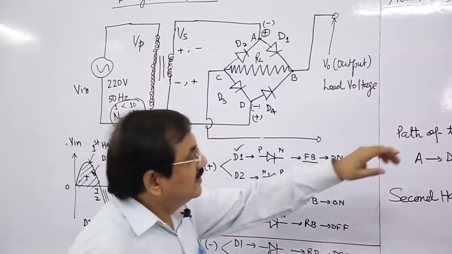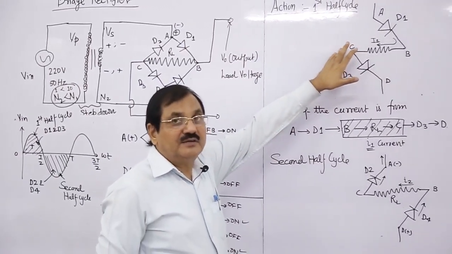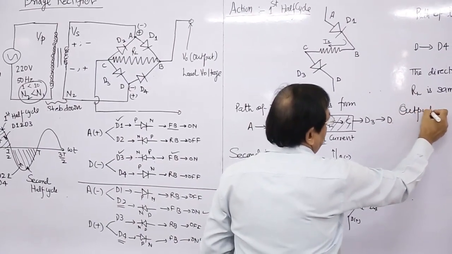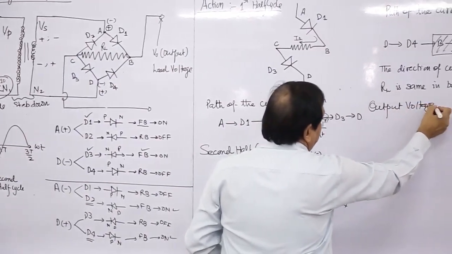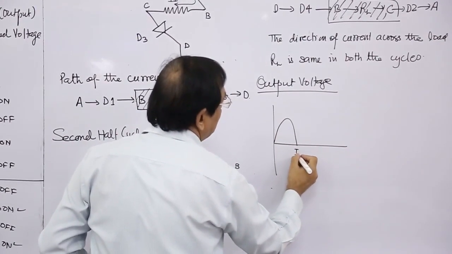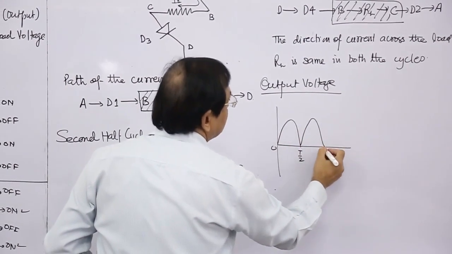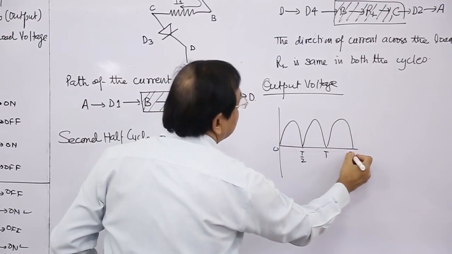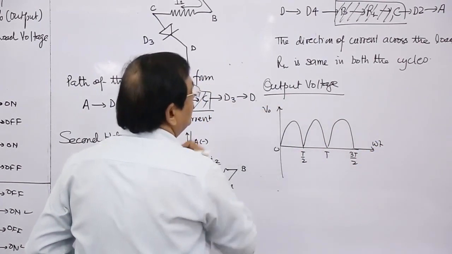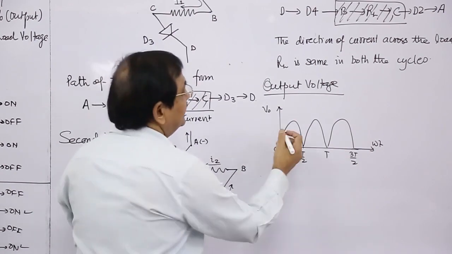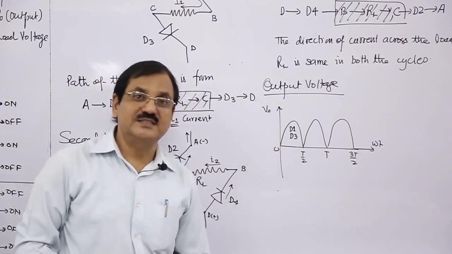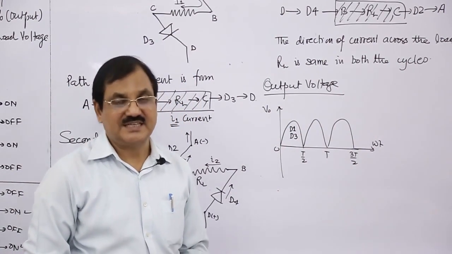So the output voltage V output, with T by 2, 0, T, 3T by 2 and omega T on the axis and peak V0, is like this. This part is contributed by D1 and D3, the first cycle.